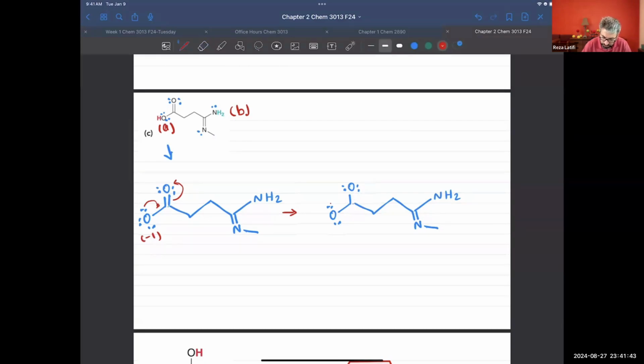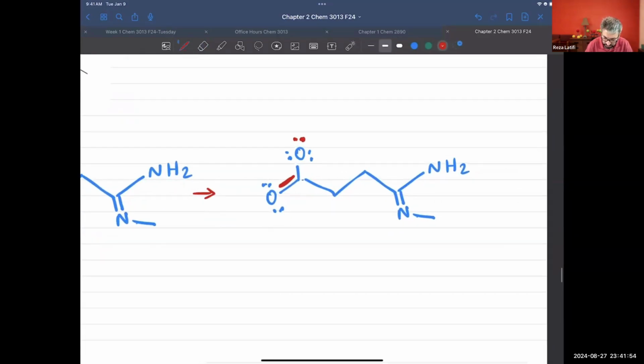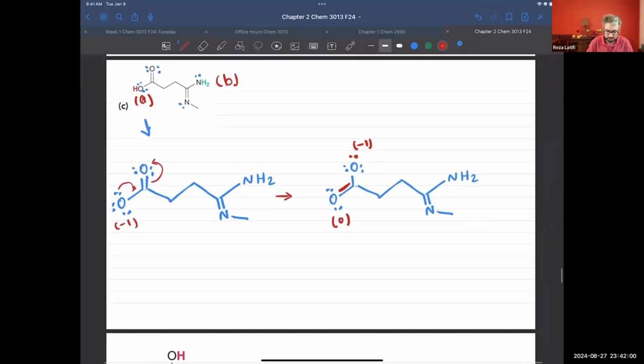We put the double bond here. That oxygen, we're going to give it a lone pair. Now this oxygen will have 0 formal charge, and that one is -1. If you track the charges, the negative charge used to be down, now it is on this oxygen.